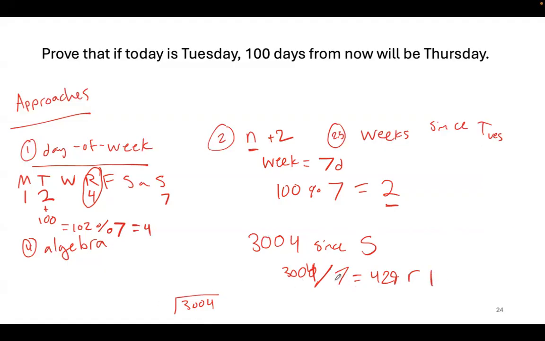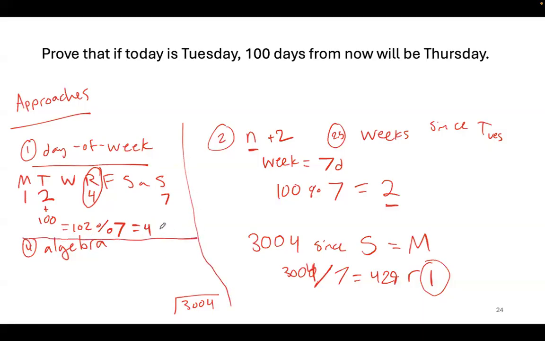Great. Saves me from having to do long division. So since we get remainder 1, we know that 3,004 days since Sunday is a Monday. So that's another way to approach it.